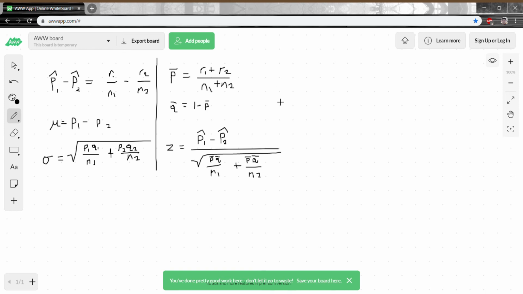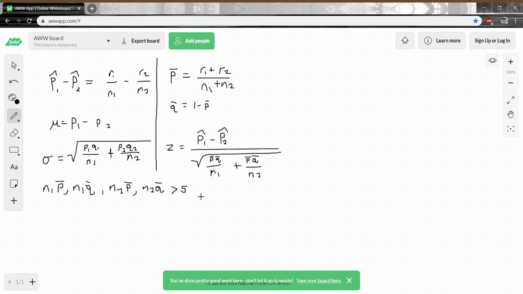Since we are using the normal distribution to approximate this, the same rules must apply, and that is N1 times our new variable P bar, N1 times Q bar, N2 times P bar, and N2 times Q bar all have to be greater than 5.